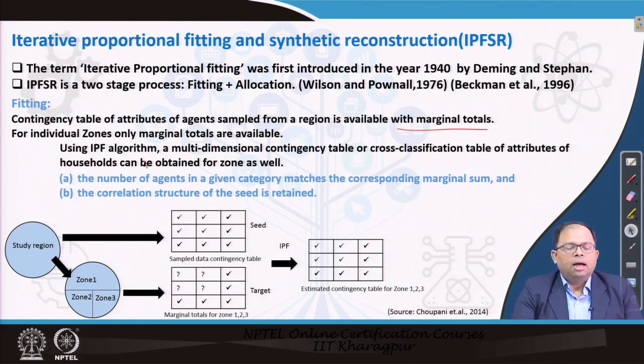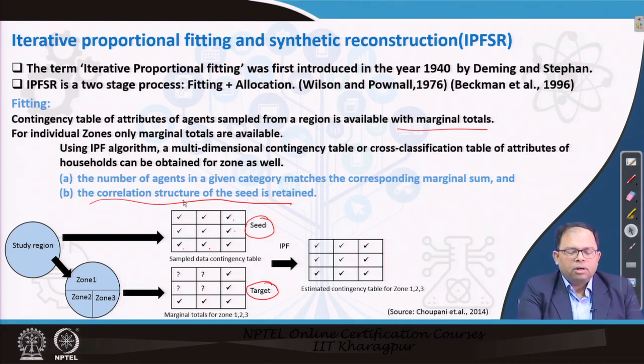That means, for example, we have a target area and we have the sample data set which we call the seed data set, and here these are the marginal totals for this column, and for these two rows, these are the marginal totals, like a cross classification table. We also have the number of people in each of these groups.